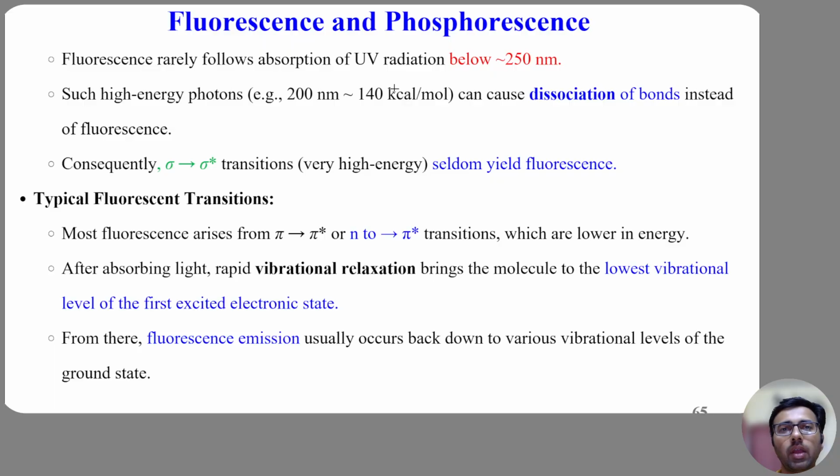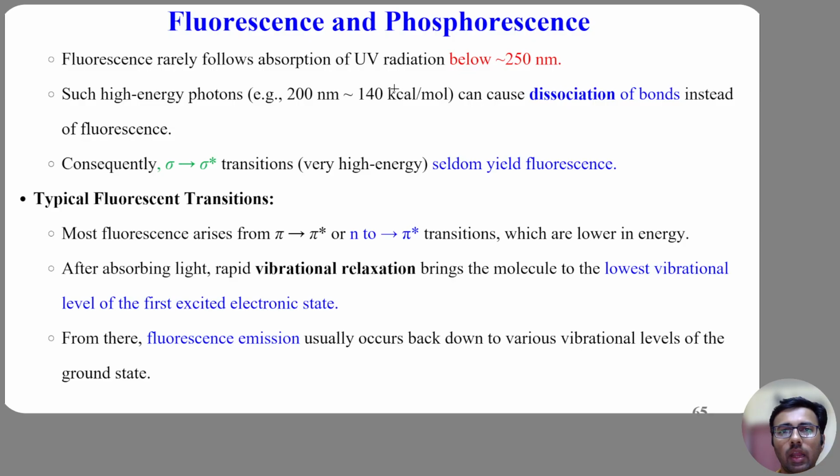Let us examine the energy limits of fluorescence. Experimental evidence shows fluorescence rarely occurs below about 250 nanometers. Why? Because photons near 200 nanometers carry enormous energy, about 140 kilocalories per mole. This energy often exceeds bond dissociation energy.